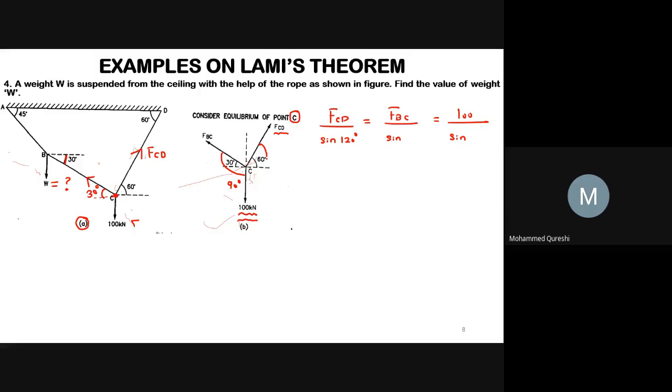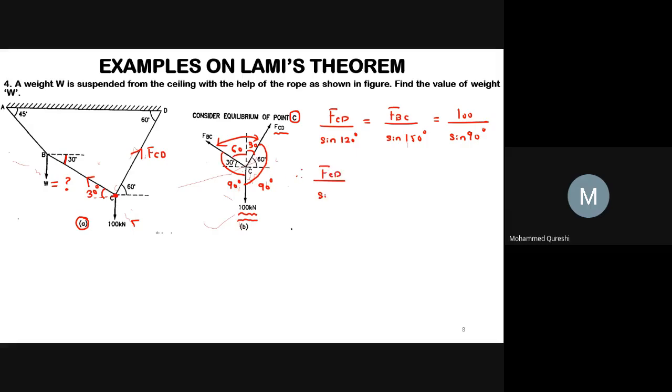For FBC, the angle between the other two will be 90 plus 60 degree, so you will get 150 degree. And lastly 100 upon the angle between the other two, so this will be your 30 and this will be your 60 degree, so the angle between the other two will be 90 degree.